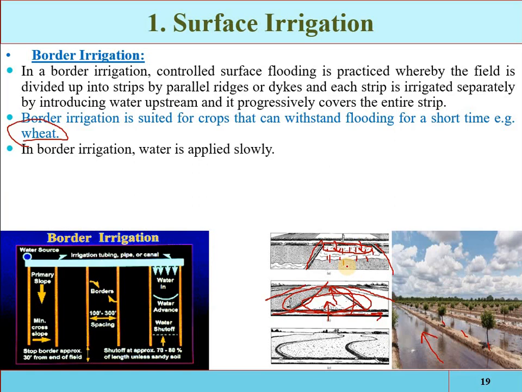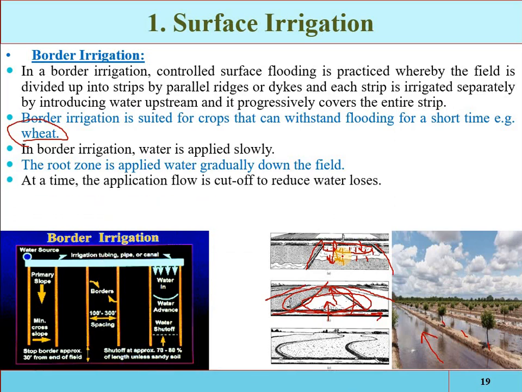In border irrigation, water is applied slowly. As we have discussed, if the discharge is too heavy, then erosion will be caused in the upstream area, or the water will damage the standing crops and the plants. The root zone is applied water gradually down the field. When the water is moving in the forward direction, at the same time the water is also infiltrating into the root zone.